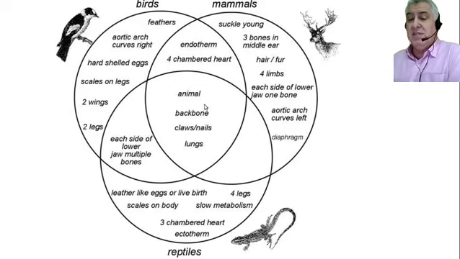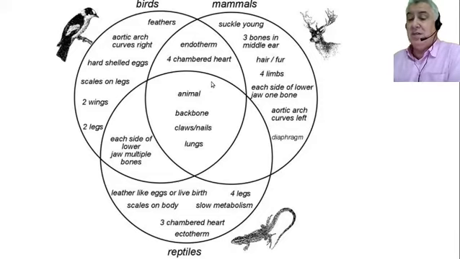And we can pretty easily see birds and reptiles both have these characteristics: lower jaw, multiple bones, backbone, claws, nails, lungs. We can see mammals share this stuff with reptiles, that they're animals. They have backbone, they have claws or nails, and they have lungs. And we can see birds share this stuff with mammals. They're endothermic, 4-chambered heart, animal, backbone, claws.